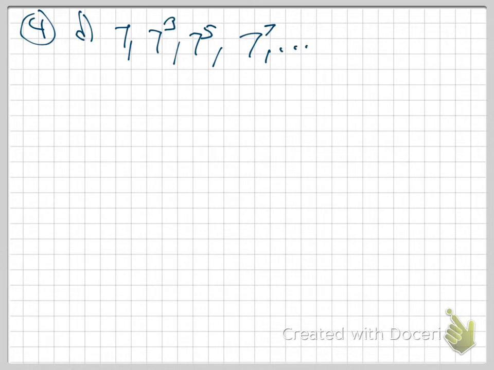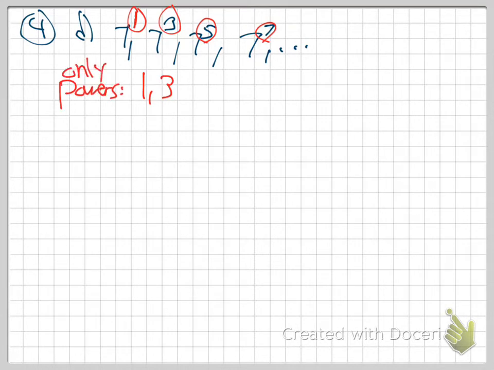Okay, so what's going on there? Well, if we just get rid of the 7, and I'll put a 1 in there because 7 alone is 7 to the first power, if we just look at only the powers, we see 1, 3, 5, 7.